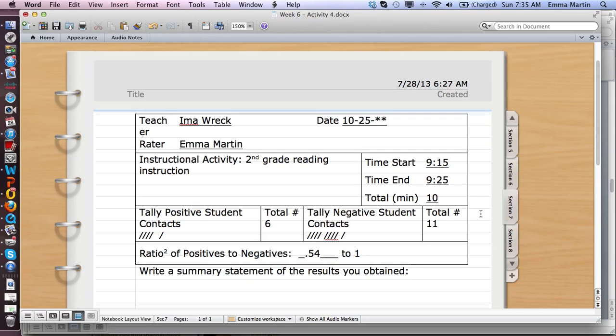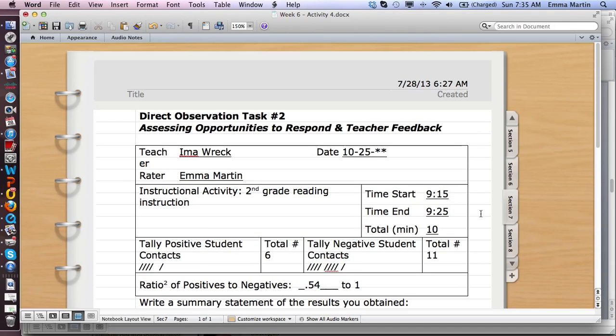So here then what we can do is get a ratio of teacher feedback during instruction. And here we have a ratio of 0.54 to 1 of positive to negative. The ideal is 4 to 1.